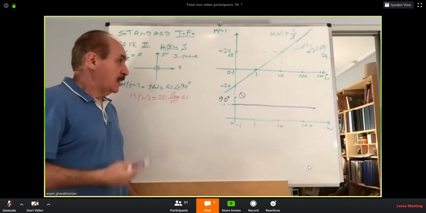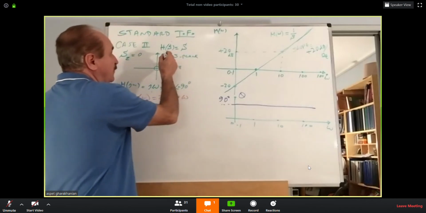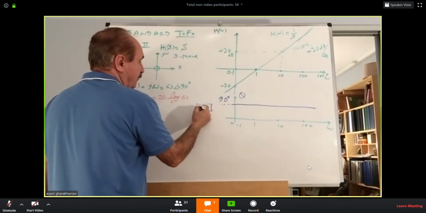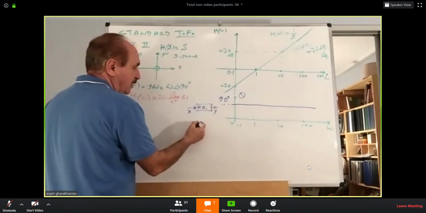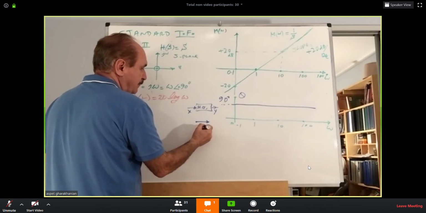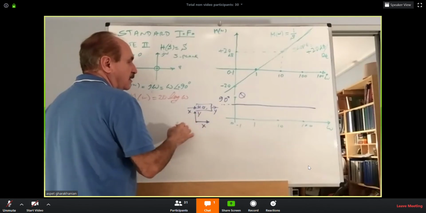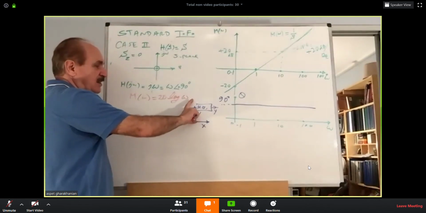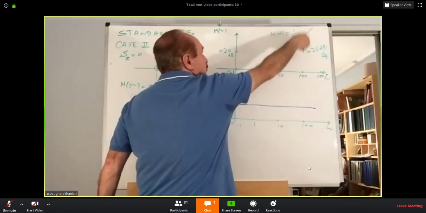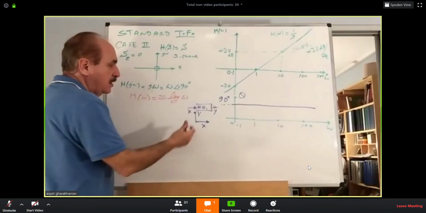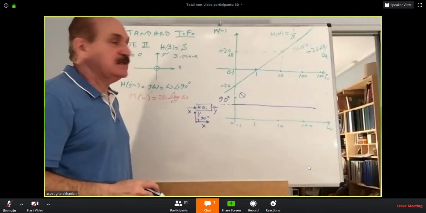So if to that transfer function, that H of s, you apply an x and you get a y out of it, if the x phasor is shown horizontally, then the y phasor will be that way. Of course, the magnitude of the y phasor will change depending on the frequency, because the gain is increasing with frequency, but the angle will remain a fixed 90 degrees. So it will always be leading by 90 degrees.